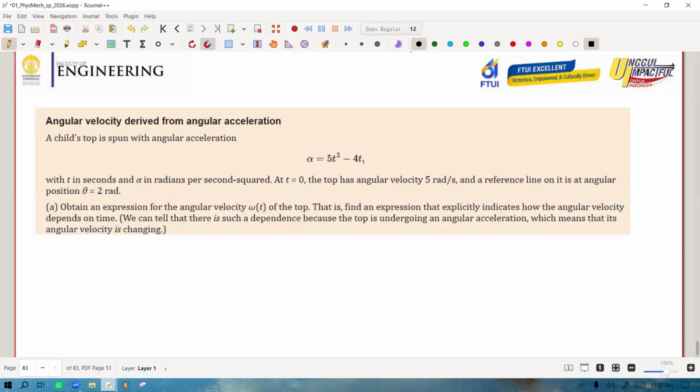Okay. So we know that alpha is equal to d omega dt, right? So we get d omega equal to alpha dt.